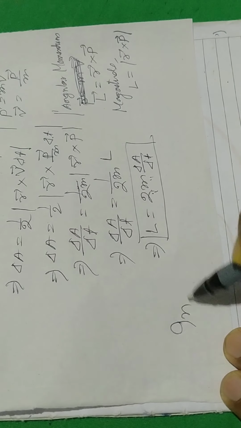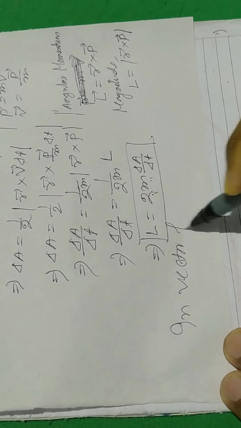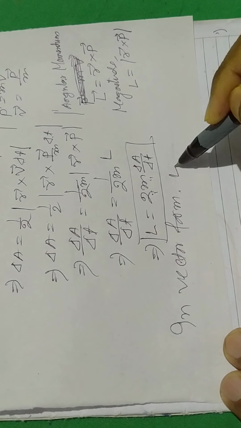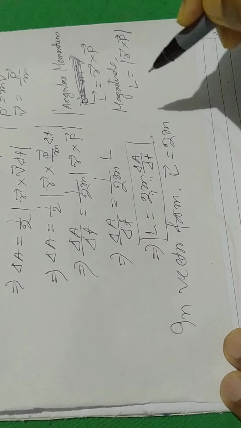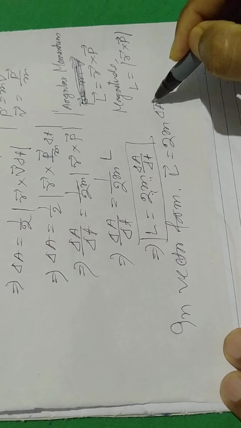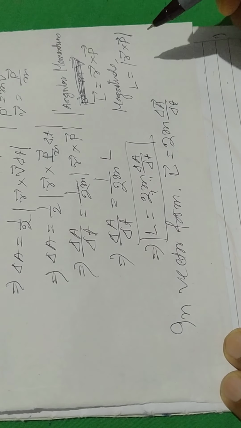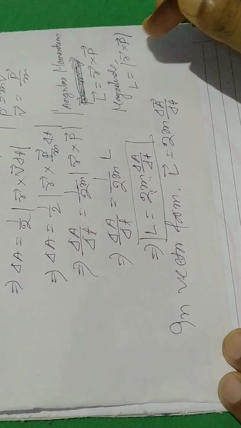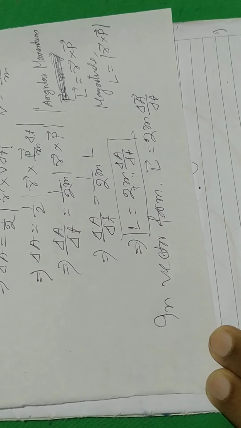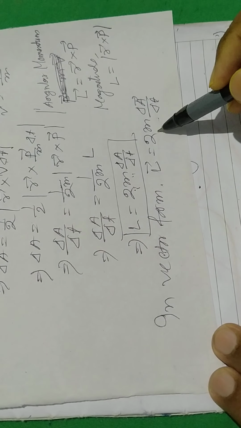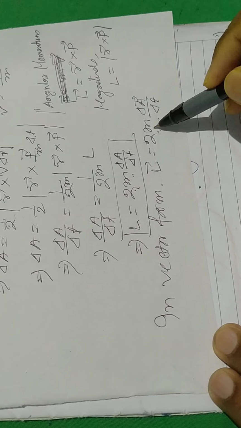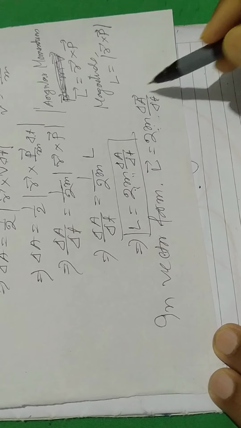In vector form, L vector equal to 2 times mass into del A by del t. That is, the angular momentum of the particle is equal to twice the product of its mass and its areal velocity.